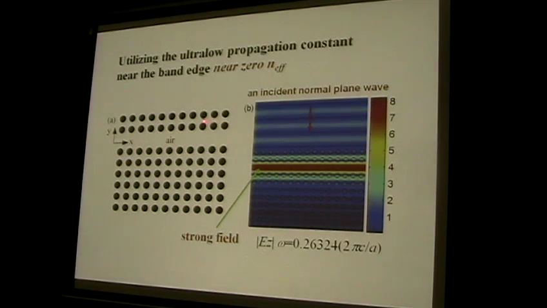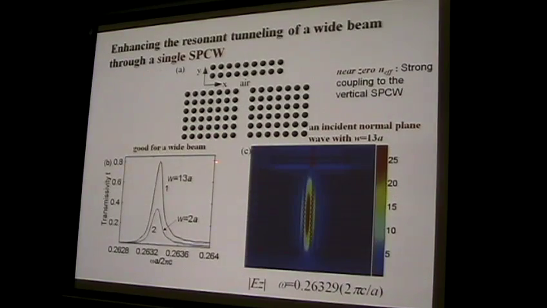And once we have the enhanced field intensity harvested and collected in this region, we can make a vertical opening here, and the light will be immediately squeezed into the vertical region. You see here, these two rows serve as the harvesting structure.